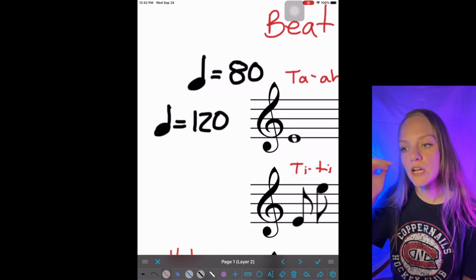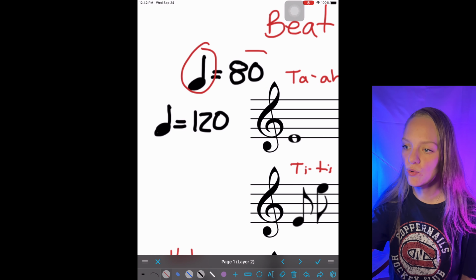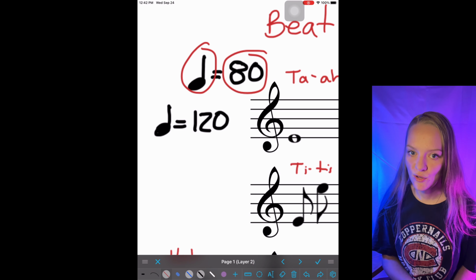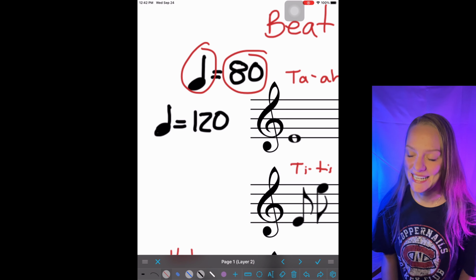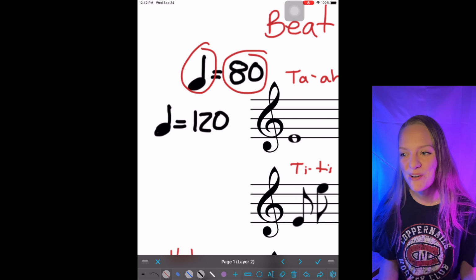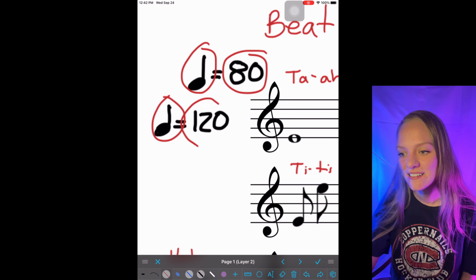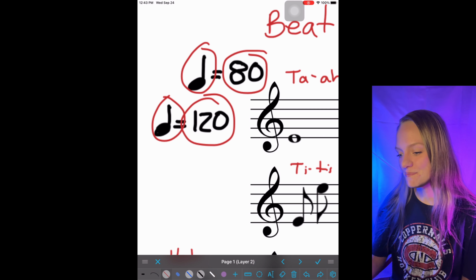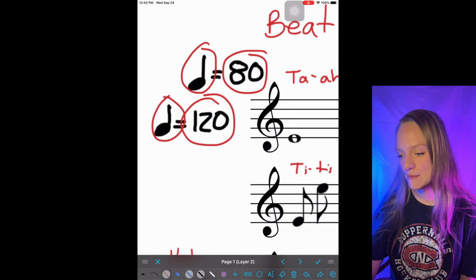So if you see at the top of your music, quarter note equals 80, that means that the tempo of your music is 80 beats per minute. You can also get other tempo markings for a different amount of beats per minute, like 120 beats per minute. That's much faster. Okay, so that's tempo and tempo markings.